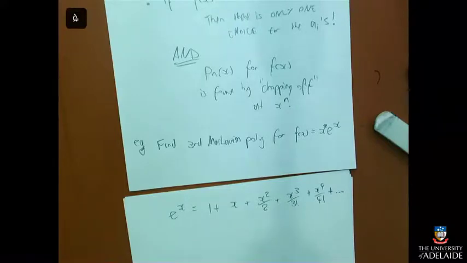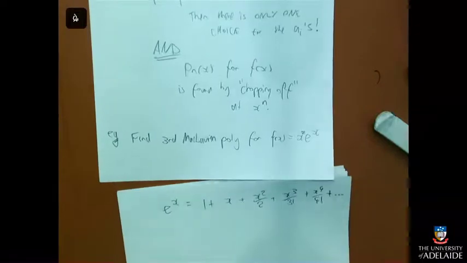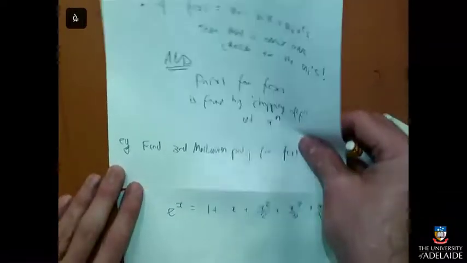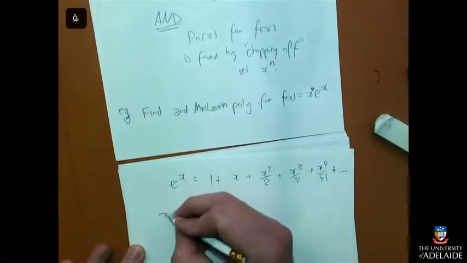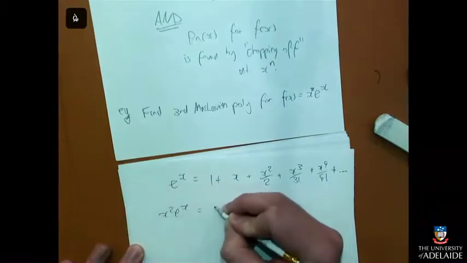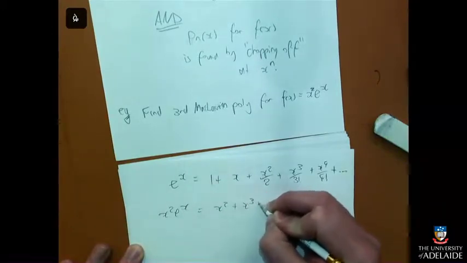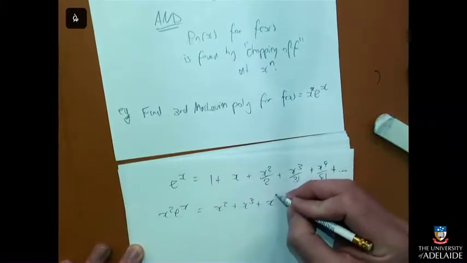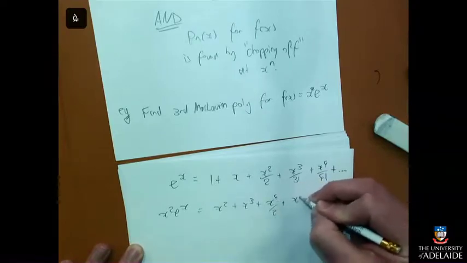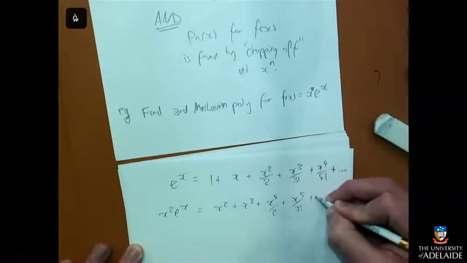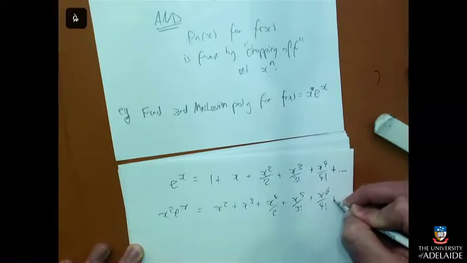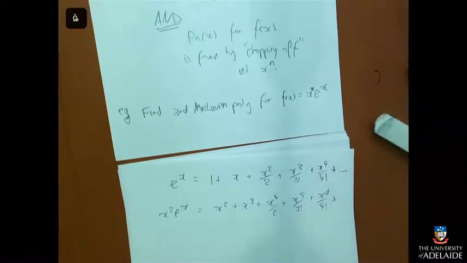Here's one I prepared earlier. So x squared e to the x will be just times everything by x squared. Sweet.